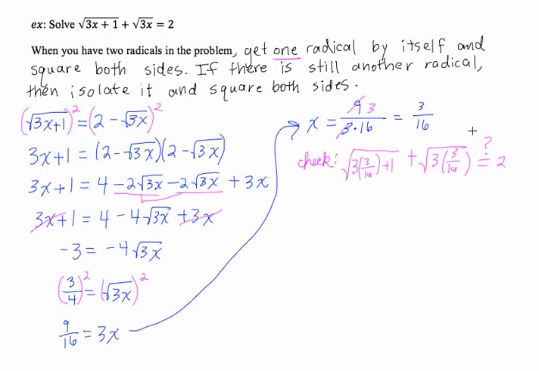Let's see, 3 times 3/16 is 9/16. I'm going to need to add that to 1, so 1 I'm going to rewrite as 16/16 plus the square root of 9/16. Does that equal 2? So we have 9/16 plus 16/16. 9 plus 16 is 25.